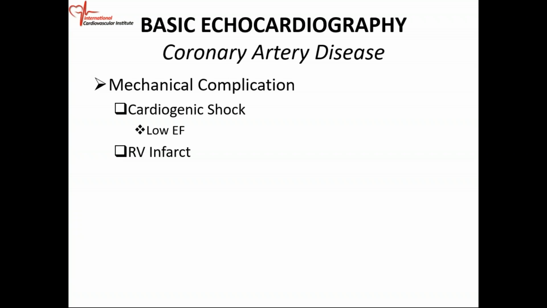So the pumping function of the RV is impaired tremendously, and these patients can develop cardiogenic shock as well. The important thing there is not to treat these patients like the regular heart attacks. You don't want to give them intravenous nitroglycerin. You don't want to give them diuretics. You have to be careful, because if you use the regular treatment, you can cause harm. Okay.